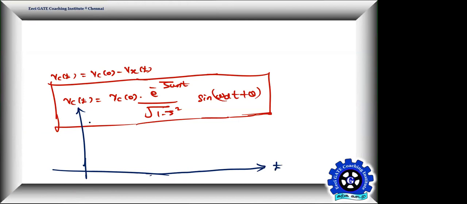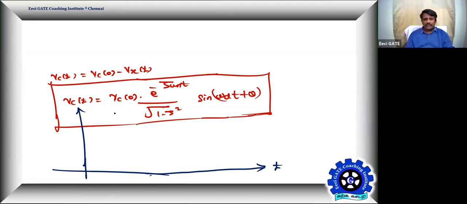Vc of 0 plus. T equal to 0 means it is sine theta. Sine theta is equal to root of 1 minus zeta square, and cos theta equal to zeta. Remember that. So root of 1 minus zeta square will get cancelled. T equal to 0, e power minus 0 is 1.